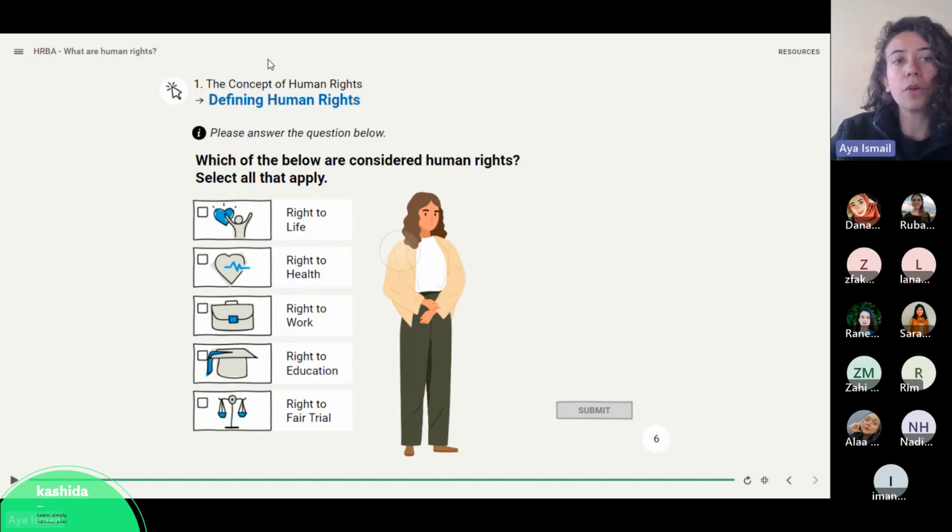Right to health. So here you see that we are actually not describing the icons next to each answer. Can somebody tell me why? Does anybody have an idea why we did not include a description of the icons? Because there's already the text descriptive of it. Exactly.